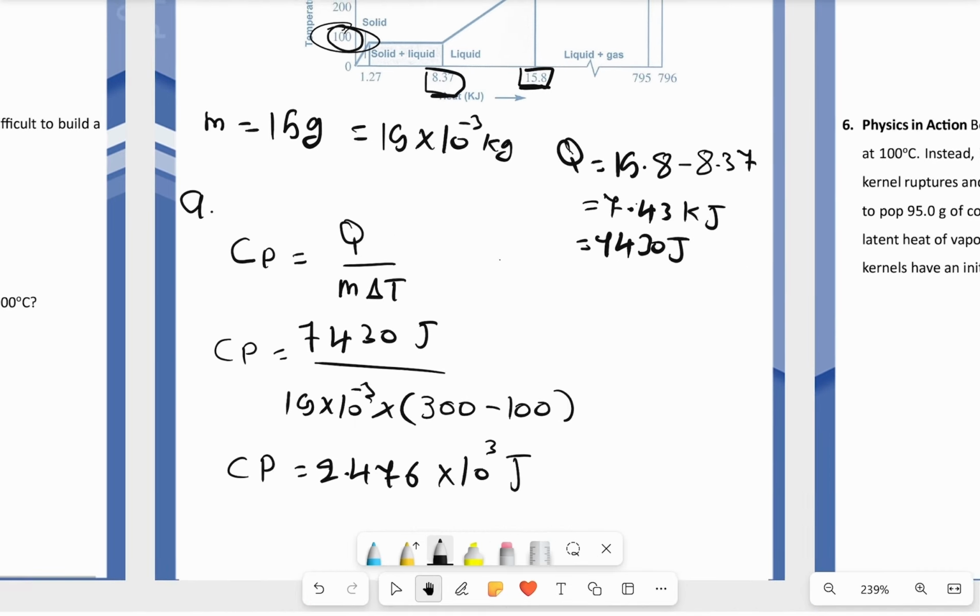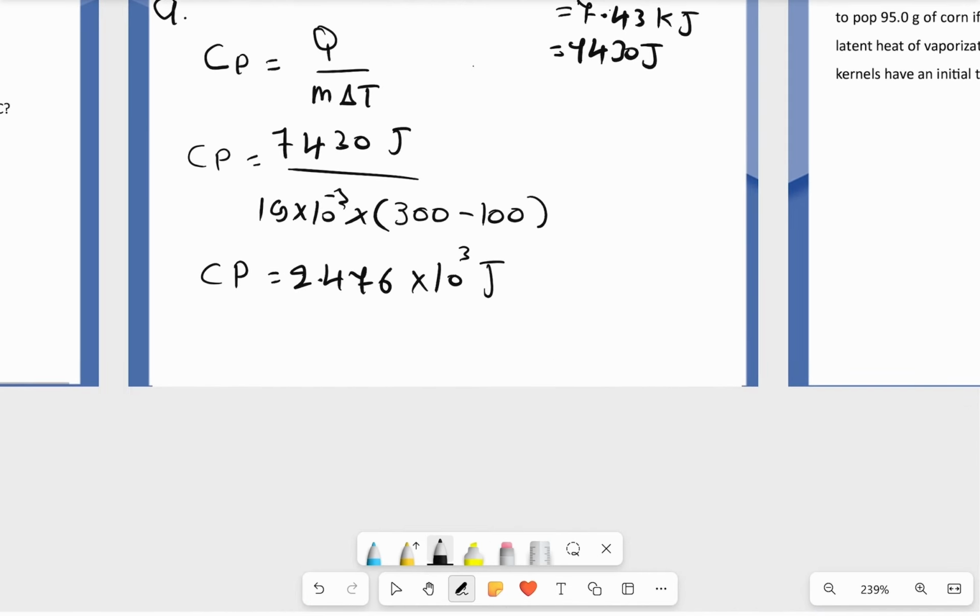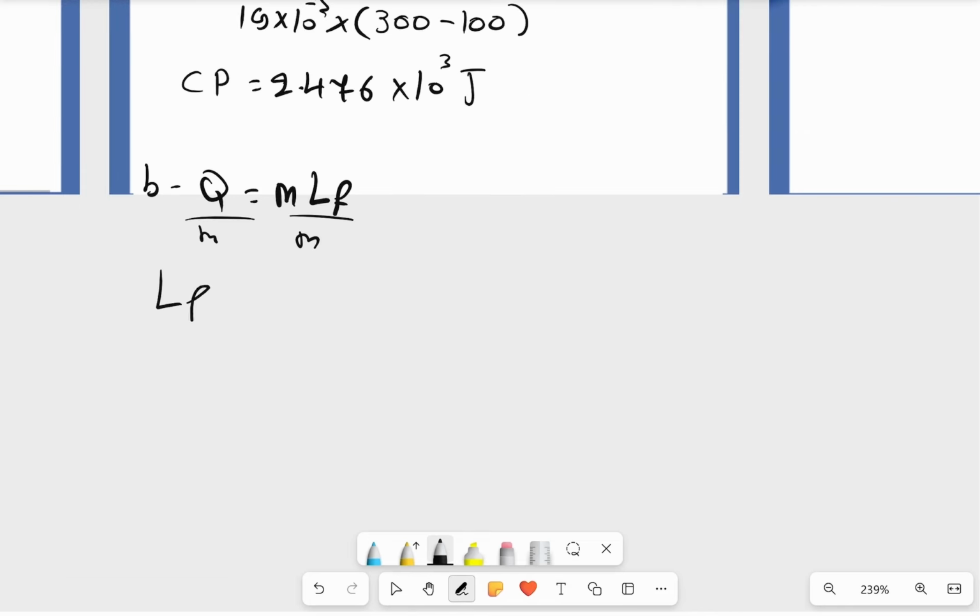For latent heat of fusion, Q is equal to M L_F, and we are trying to find the latent heat of fusion. So this one divided by M and this one divided by M. So latent heat of fusion is going to be Q divided by mass.